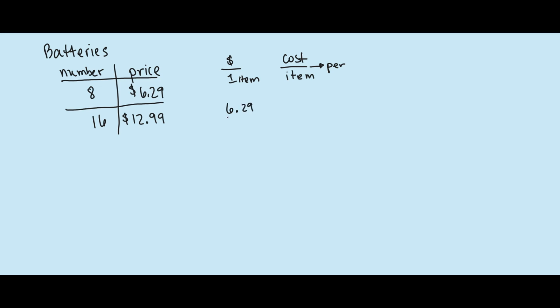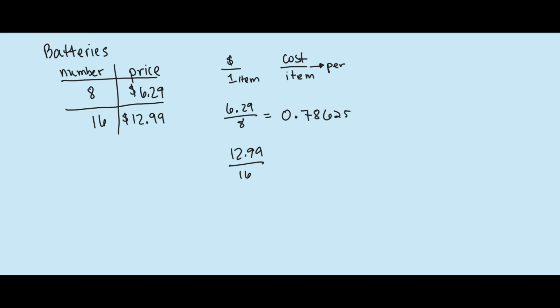So $6.29 for 8 or $12.99 for 16. So I'm going to do $6.29 divided by 8, and that's going to give me 0.78625.